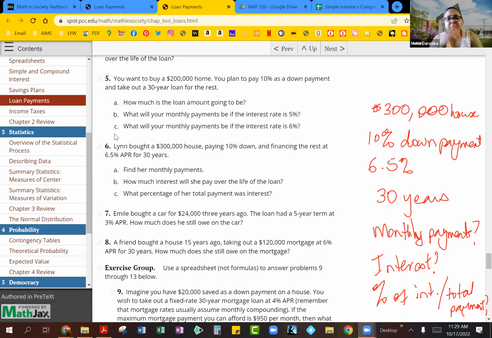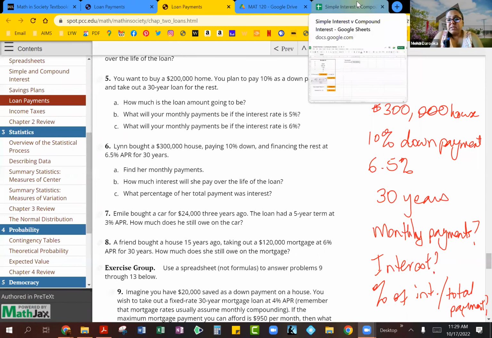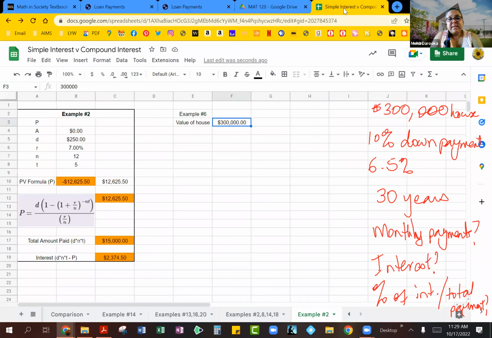The number times 0.1, or basically 10% converted to a decimal. So just take the value of the home, the $300,000, and multiply that with 0.1, which is what your 10% will come out to be. And Michael, that's right. You will end up with $30,000 as the down payment.